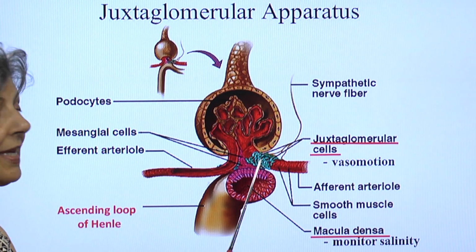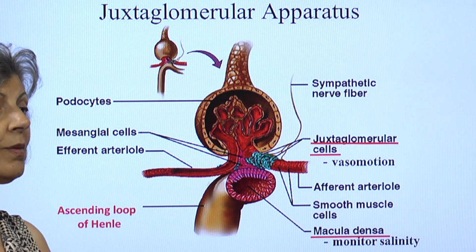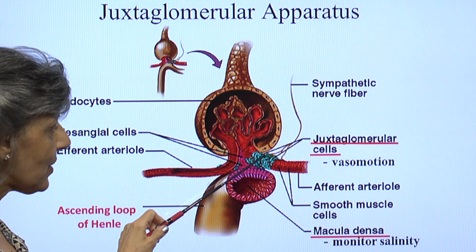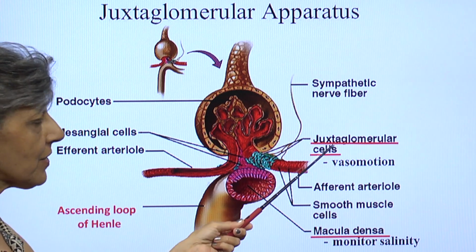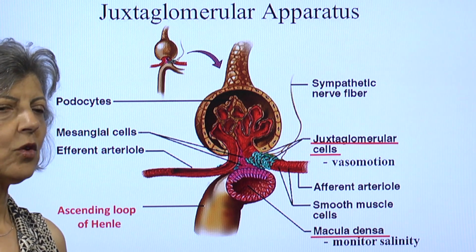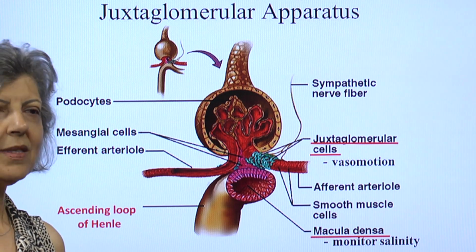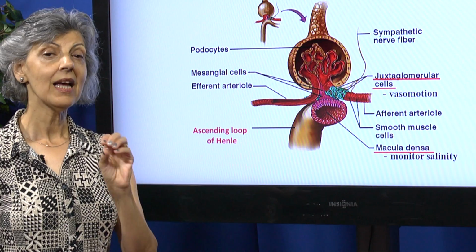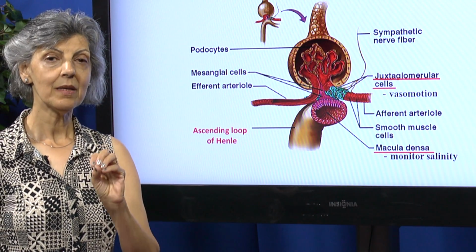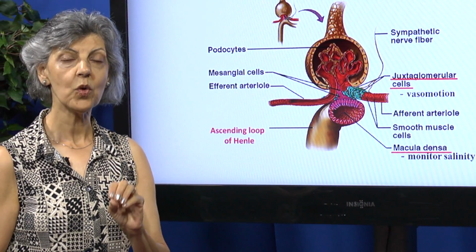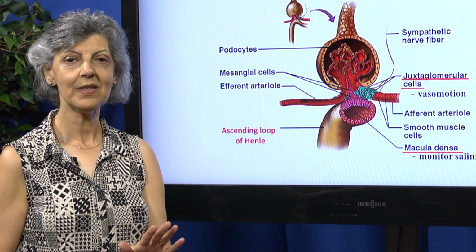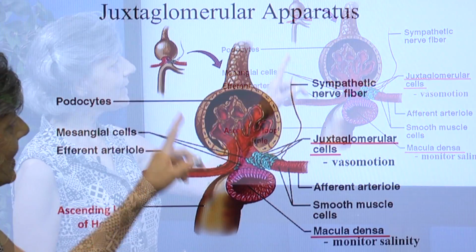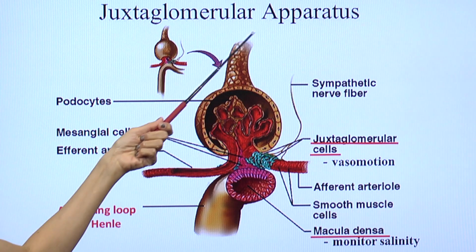When I look at the afferent arteriole, which is bringing blood to the glomerulus, it has very specialized cells. These are called the juxtaglomerular cells. What is the function of these cells? These cells secrete and store a very important chemical substance called renin, and we will see the function of renin in a few minutes.